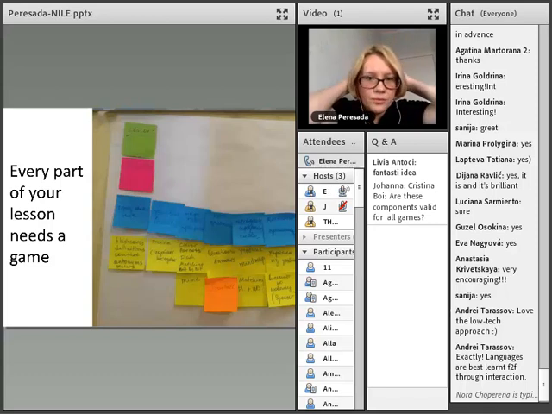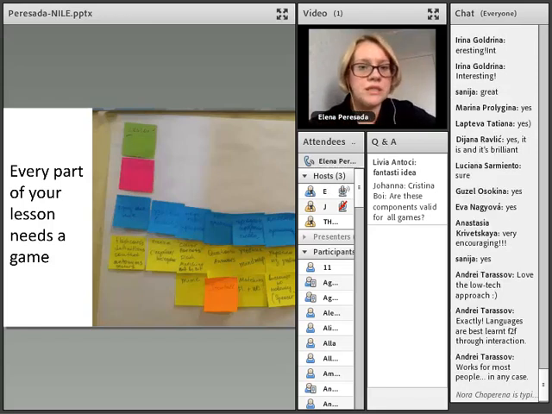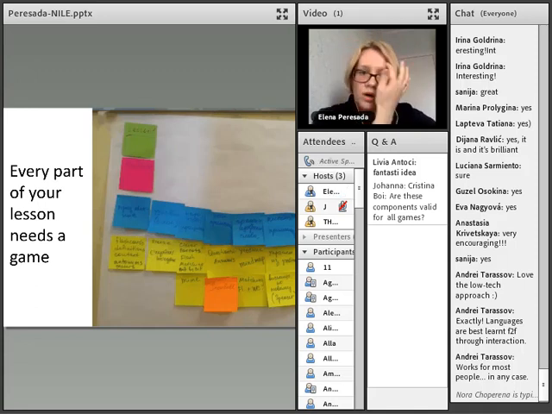And at some point, we also realized that it is important to use games at each stage of a lesson, not to use just exercises from course books, but try to convert this exercise into a game. Because if you gamify a boring thing, it'll be just a boring gamified thing. So the product has to be very good.